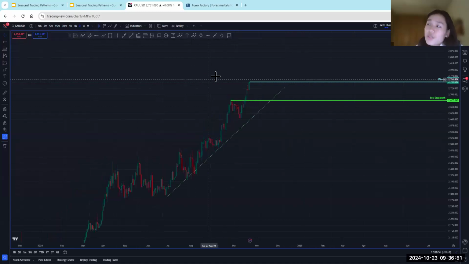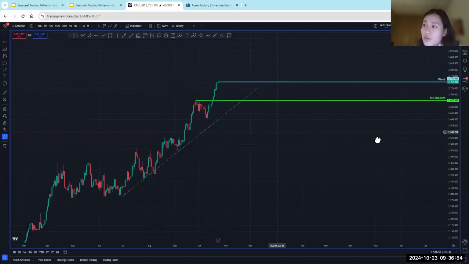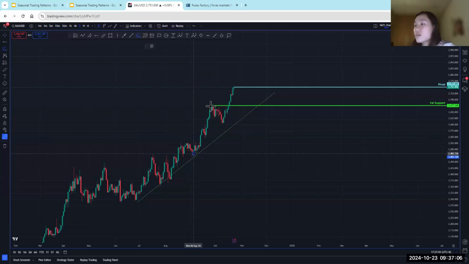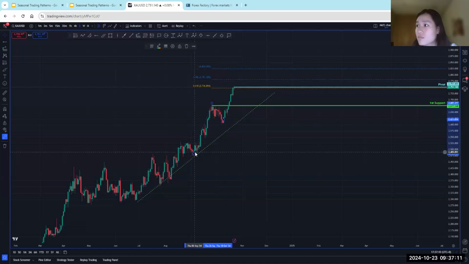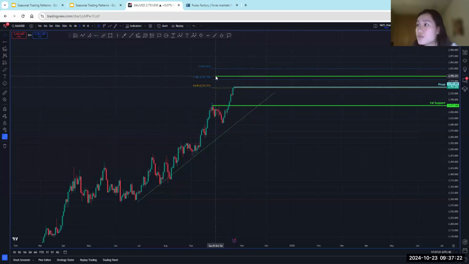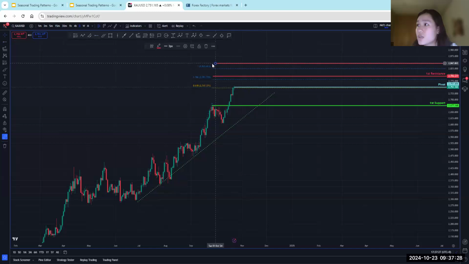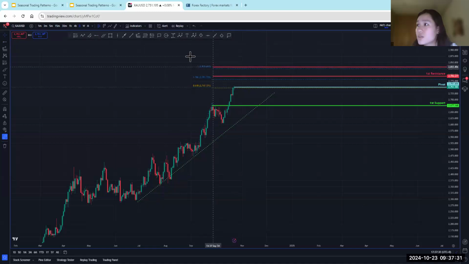Because we don't have any higher levels above the pivot that we can use for reference for our first resistance, I'll instead use my Fibonacci projection. You can see my 61.8 lines up nicely with my pivot. 78.6 would be my first resistance, and this would be my second resistance.